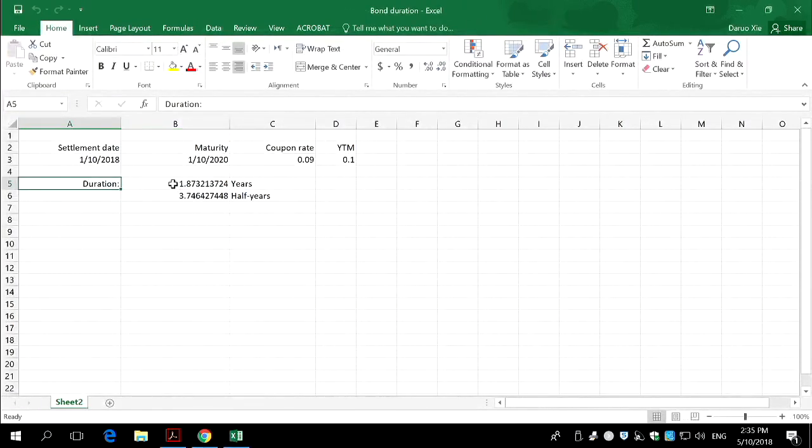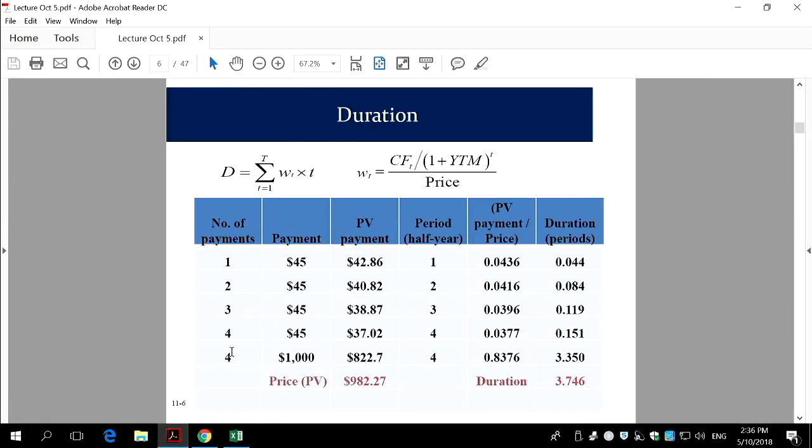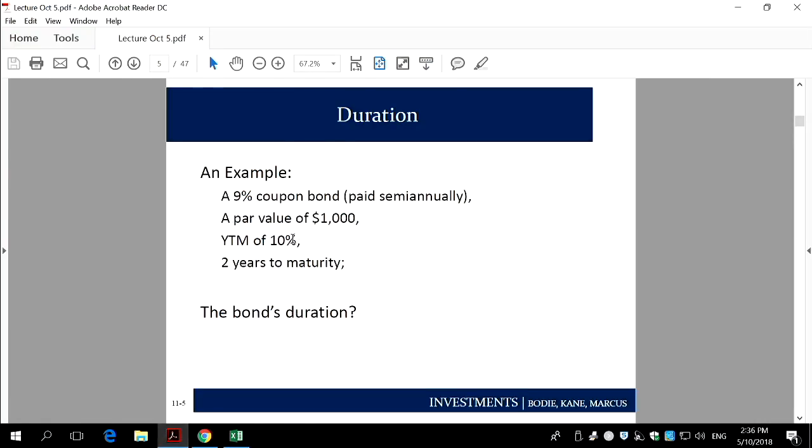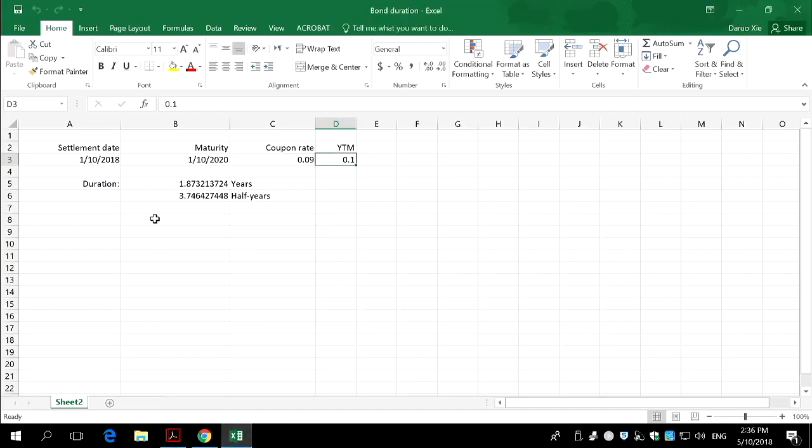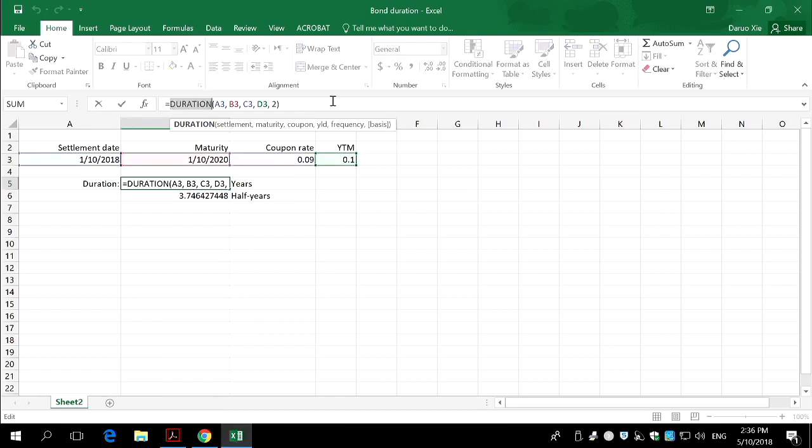For example, in Excel, given the settlement date, the maturity date, coupon rate, and yield to maturity, this is our example, right? Remember, this is just our example: 2-year maturity, and yield to maturity 10%. Then you just use this function. In Excel, you have the settlement date as input, then the maturity as another input, the coupon rate another input, then yield to maturity.